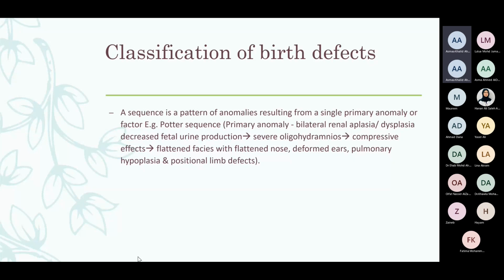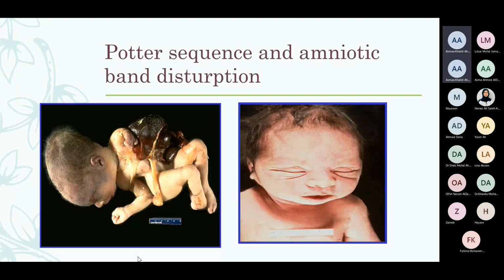Your primary anomaly is usually bilateral renal agenesis or some abnormality in the renal system, which decreases amniotic fluid, leading to Potter facies, pulmonary hypoplasia, and abnormal positioning, and usually limb defects, mainly positional, because there is less amniotic fluid. So it starts with one anomaly that caused all these anomalies. This is a sequence, something like Potter sequence.